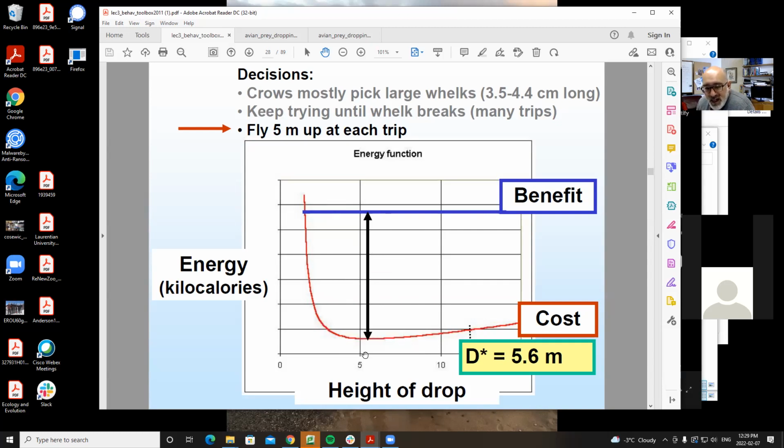And therefore this is the point at which these crows are getting the maximum net caloric intake from breaking and eating this whelk. All right, so this explains why these crows tend to fly up to about 5 meters in order to drop the whelk that they have selected.